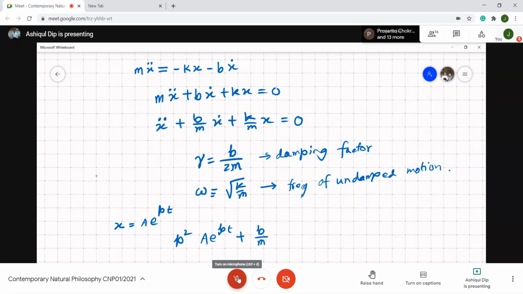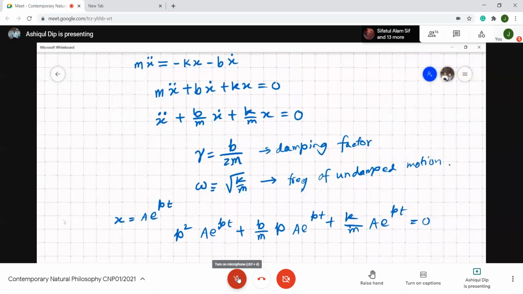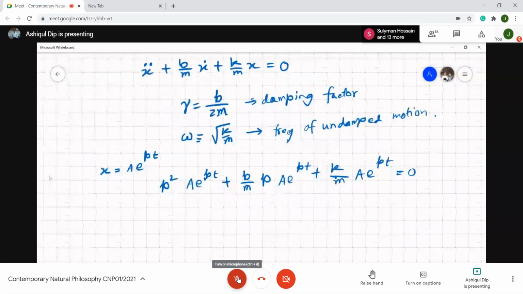Okay, so then you have p squared A e to the power pt plus b by m into p A e to the power pt plus k by m into A e to the power pt, right? Is equal to 0. So A e to the power pt cannot be 0 identically. Yeah, that's also a solution, but if it is identically 0, then it's a trivial solution. We are not interested in that. So we say that A e to the power pt is not 0.